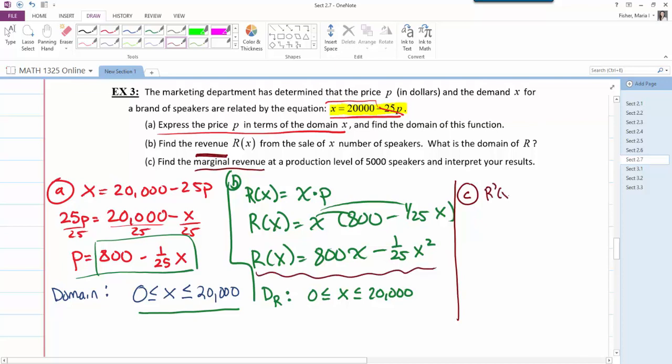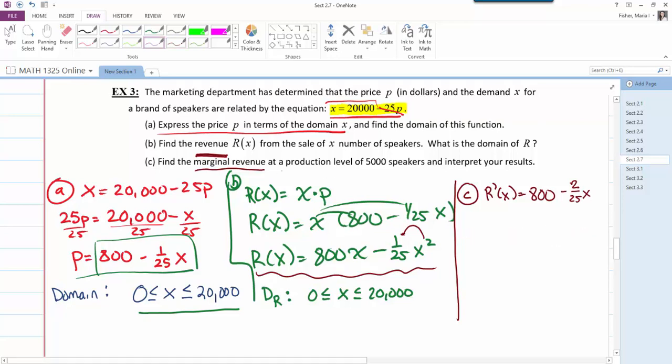R prime of X is going to equal the derivative of 800X, which is just 800, because if it's X to the first power, this becomes X to the 0 and goes away. The derivative of a number times X is always just the number, or the coefficient. For negative 1/25 X squared, I multiply by that 2, so I have negative 2/25 X to the 1 less, which is just 1.